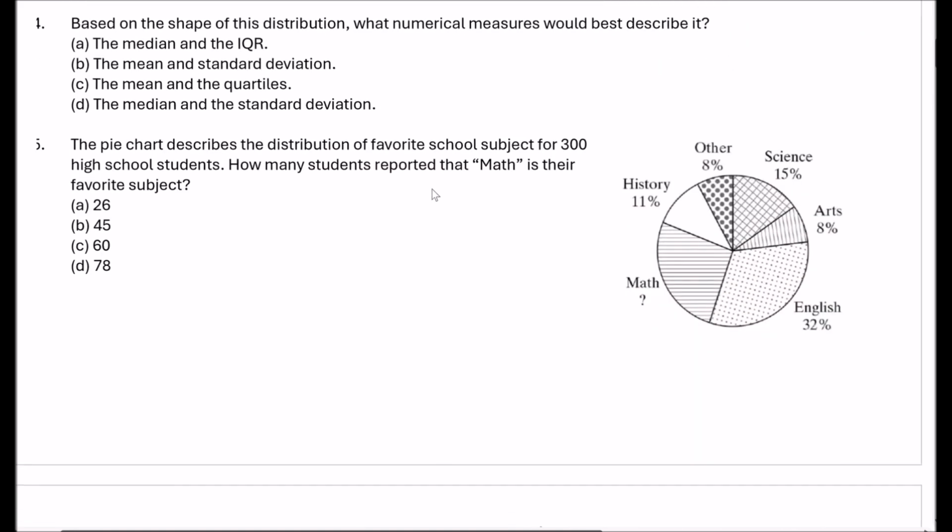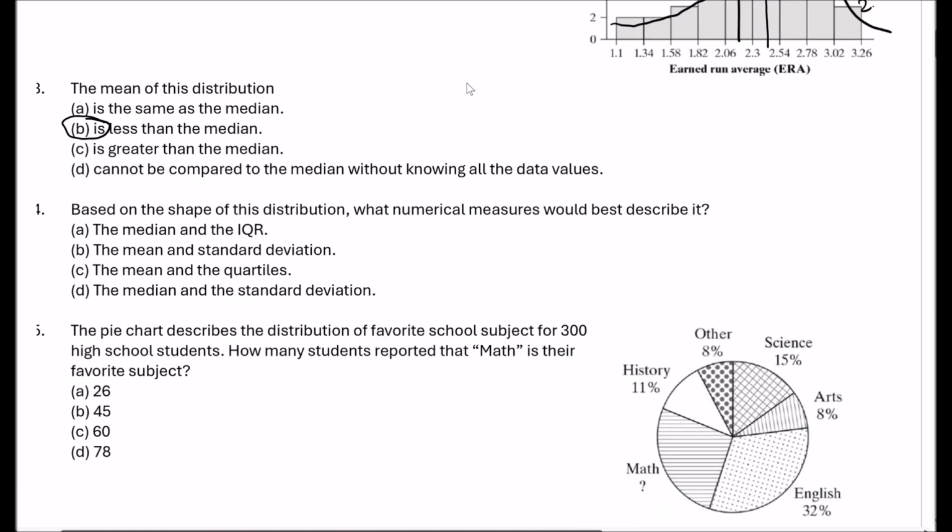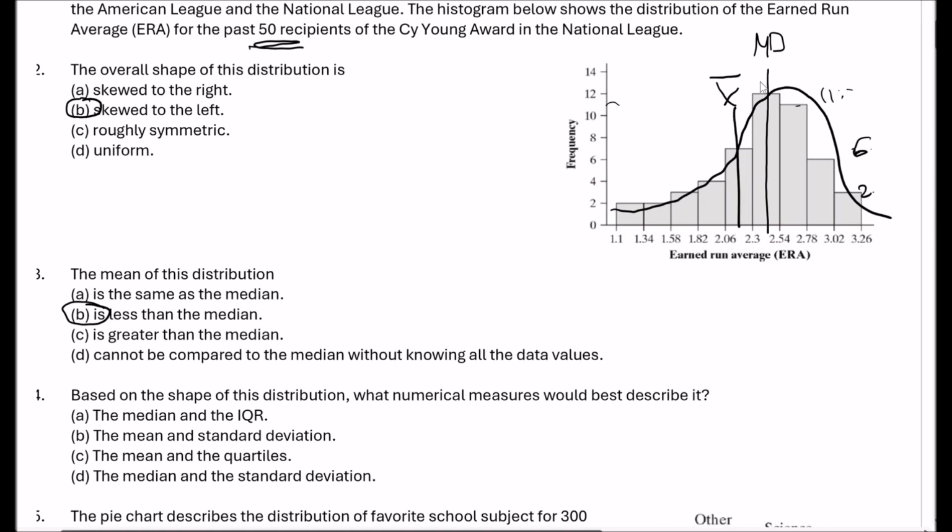Number 4: based on the shape of this distribution, what numerical measures would best describe it? Since it's skewed left, if it were symmetric, we would want to use the mean and the standard deviation for the center and then the variability.